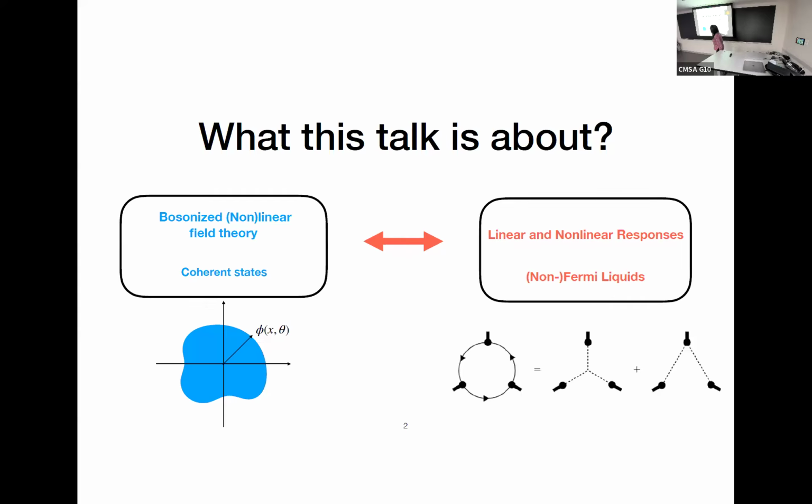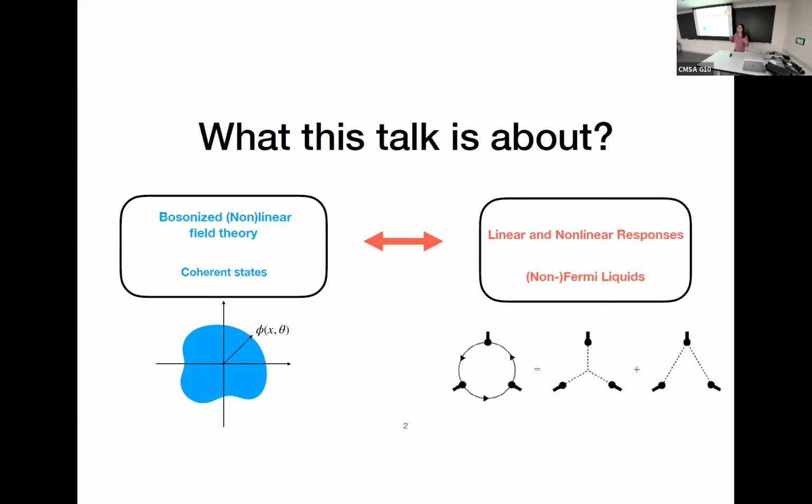The conventional method for the Fermi liquid problem was introduced by the great physicist Lev Landau back in the 50s. However, in the old studies of Landau's Fermi liquid theory, it's not a field theory description.